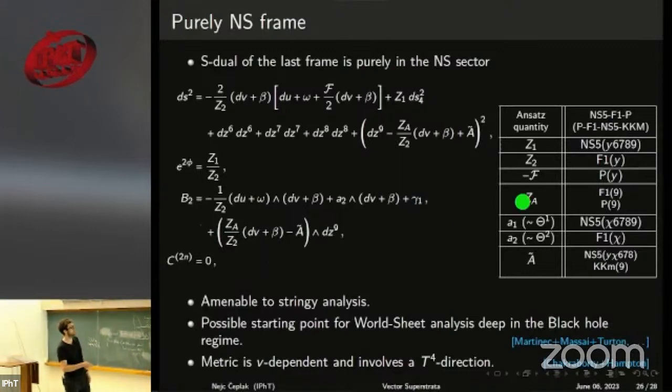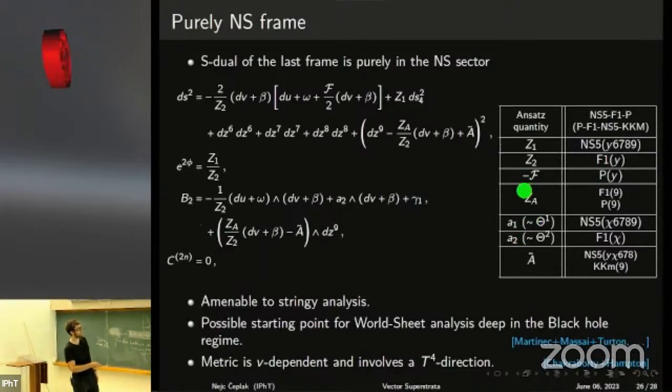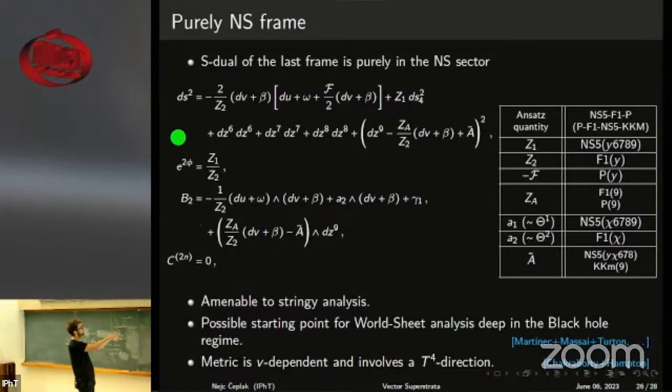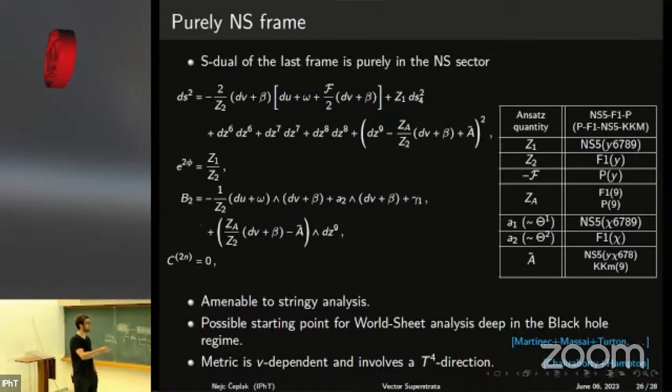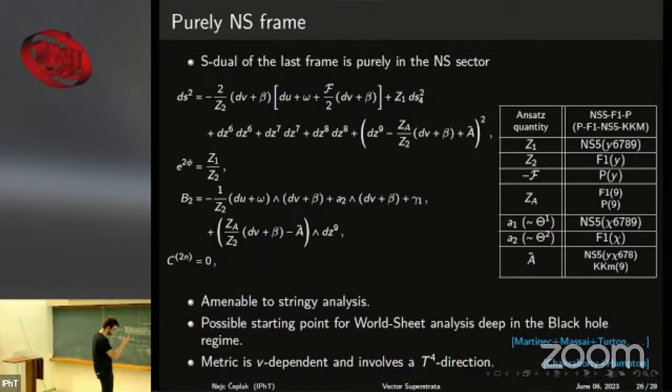In particular, in this case, all of the new dipole carriers which give you the momentum are just contained within the Z9 component of the one-form, which multiplies the Z9 component of the B2 field, and just a factor which multiplies the dZ9 component of the metric. So basically this would mean that if you have a vector strata, it could potentially be a starting point for a potential string analysis.